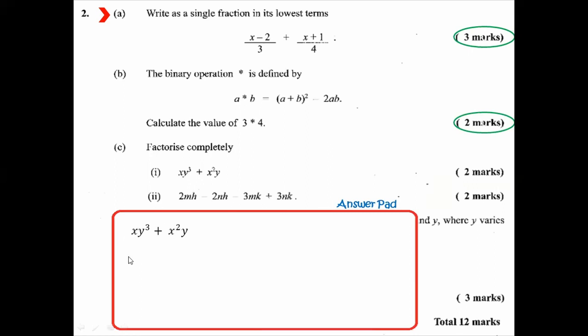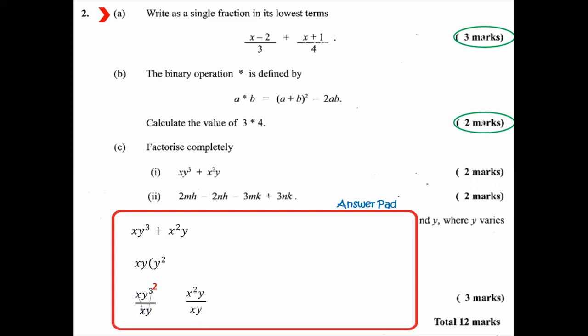So x is common, and y is also common. So we have xy. So we're dividing both these terms by x and by y. So we cancel x there, and the y at the bottom, we cancel one of those at the top, leaving us with y squared.